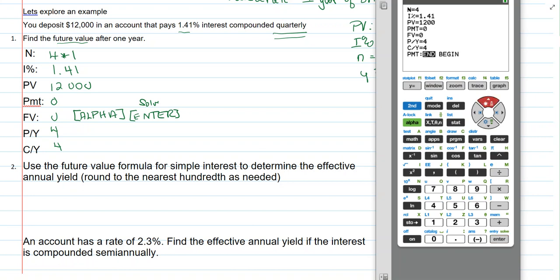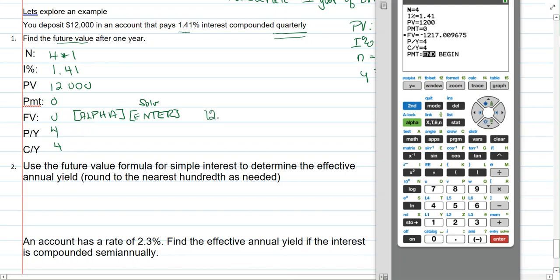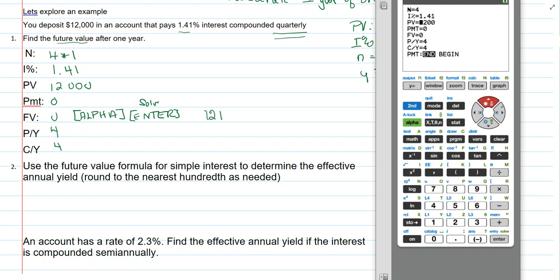And we want our future value. So we're going to go alpha, enter, alpha, enter. And I get this amount right here. Oh no, I did 1200. Sorry. Let me put a 0 there. Let me get up here and add a 0. Sorry. The answer was wrong. Garbage in, garbage out.